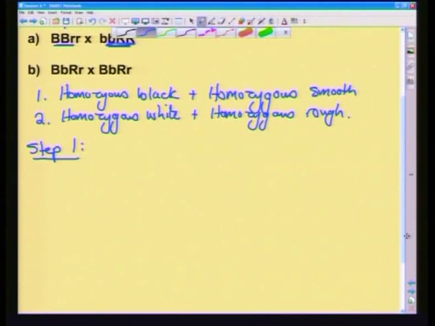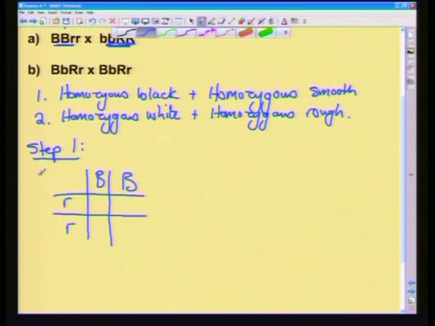We say parent 1 is going to be capital B, and small r. We have our gametes here, and our gametes undergo meiosis. So we're going to have capital B, small r, capital B, small r, and guess what? The same thing here because it's homozygous.